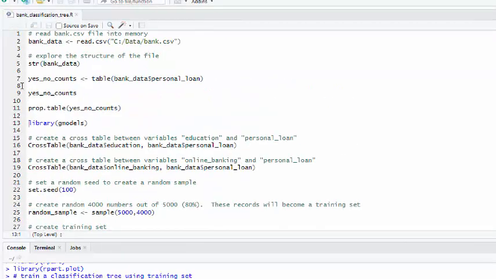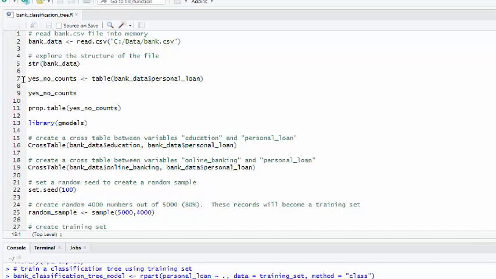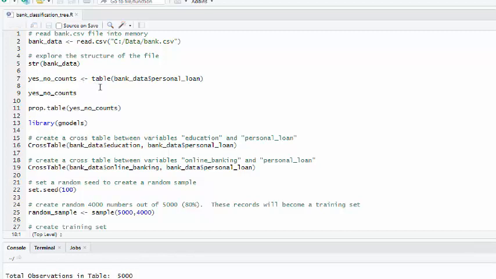And then we loaded gmodels, right? We're using gmodels primarily for the cross-table function, so that we can take two categorical variables and create a cross-tab of them. And we looked at whether the variable education affects customers' propensity to agree to the loan.